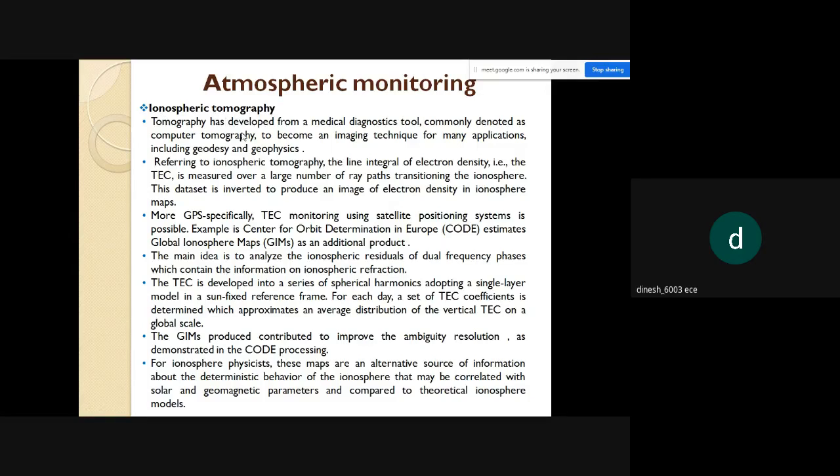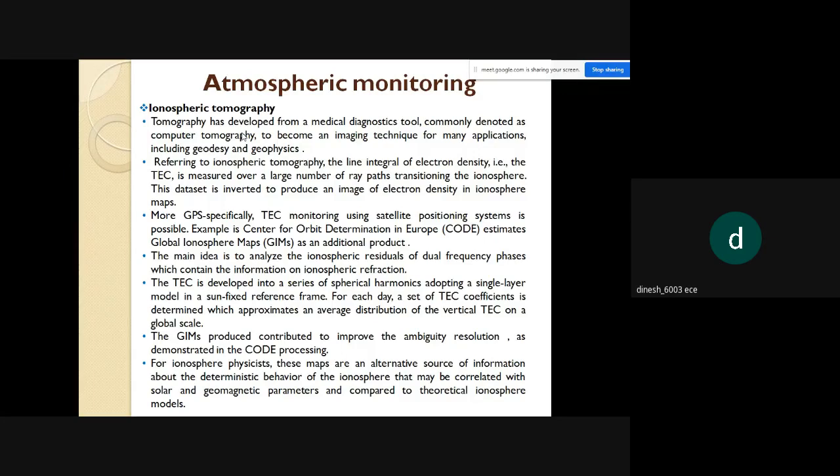Tomography is a development from the medical diagnostics tool, commonly denoted as computer tomography, that is used in image processing techniques for different applications. In GPS, this tomography is used in geodesy and geophysics, where monitoring and surveying is done.